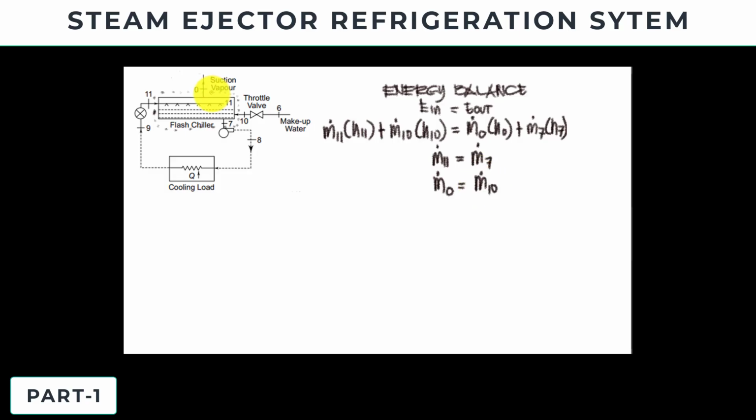That means that every time there is evaporation of the liquid in the flash chiller, we have the corresponding makeup water to compensate for the evaporation of the water. So that's why mass flow rate O is equal to the mass flow rate 10, to compensate for the loss of water inside your flash chiller.